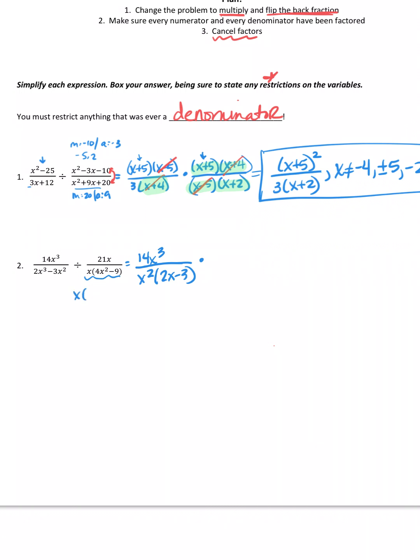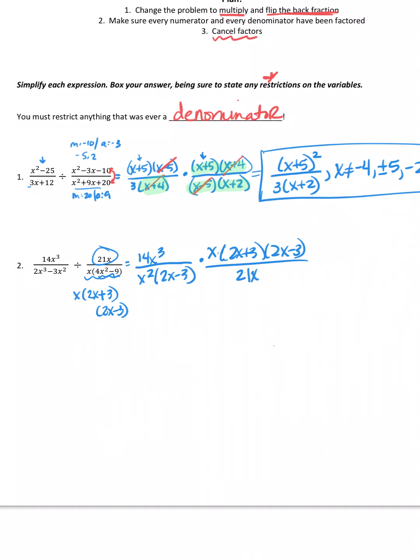This will be x. Now remember, this is a difference of squares, so it would be 2x plus 3, 2x minus 3, and that's going to go on the top. So x times 2x plus 3, 2x minus 3. The top here, really not much to talk about, so it's 21x.